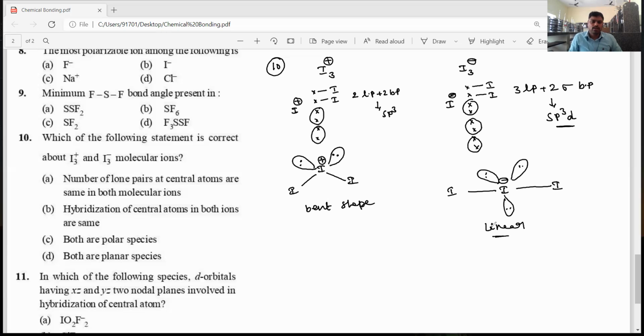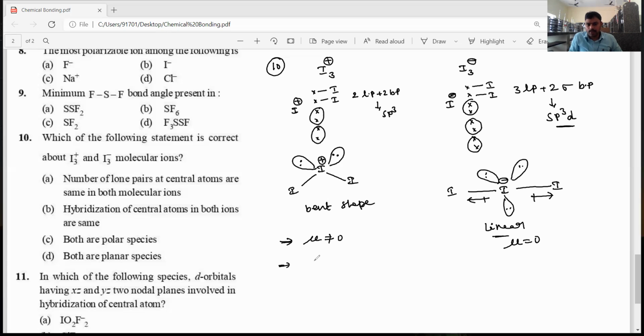Now, due to the bent shape, the dipole moment is not equal to 0, and due to the linear shape, the resultant dipole moments cancel each other, so the dipole moment is 0.